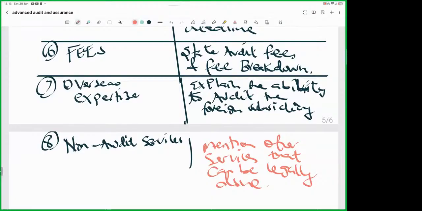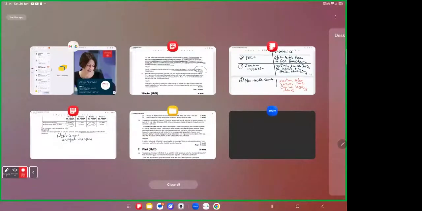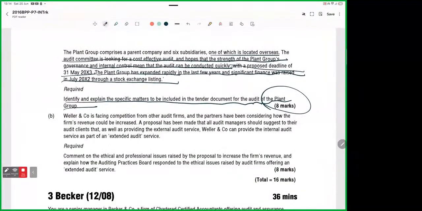Now, with your permission, I will go straight away to question number 2B. But it's my hope that you are already getting some concepts here very nicely. This question also has 8 marks.